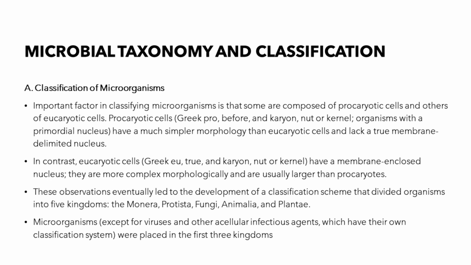They are more complex morphologically and usually larger than prokaryotes. These observations eventually led to the development of the classification scheme that divided organisms into 5 kingdoms: the Monera, Protista, Fungi, Animalia, and Plantae. Microorganisms, except for viruses and other acellular infectious agents, which have their own classification system, were placed in the first 3 kingdoms.